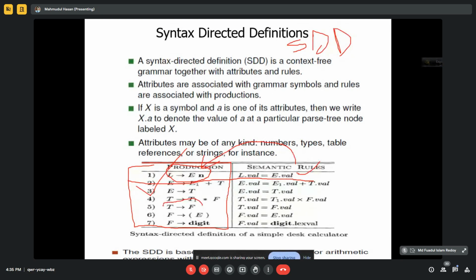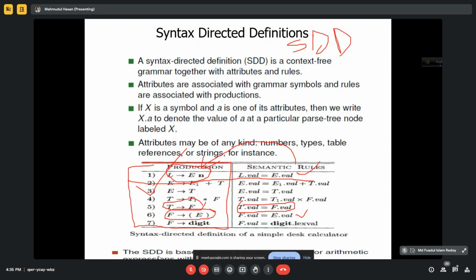That means for every production rule there are one or more semantic rules. When that production rule is matched, you need to perform those semantic rules.